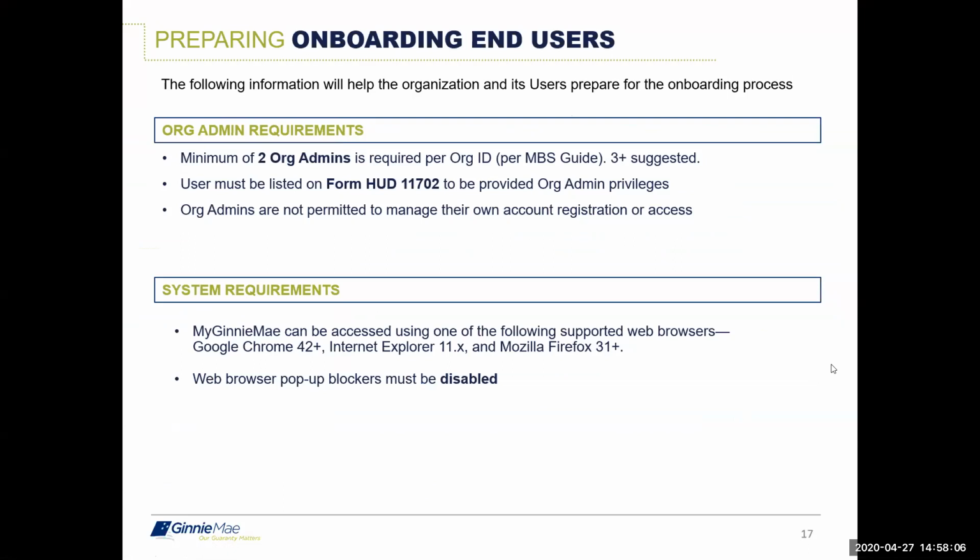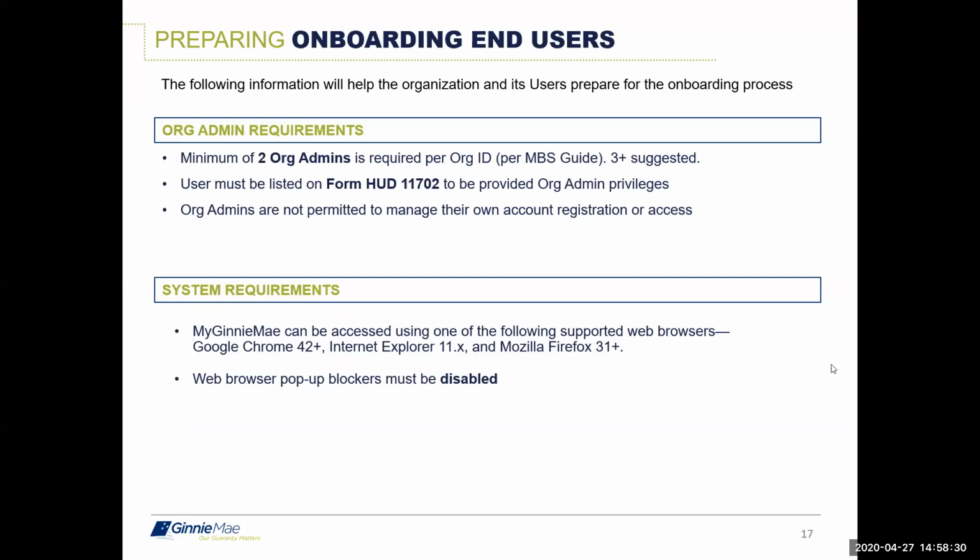So a couple things to help prepare you for onboarding end users of your organization. The first thing is to remember that the MBS guide does require a minimum of 2 administrators, but because of the workflow, we are strongly recommending that you have no fewer than 3.